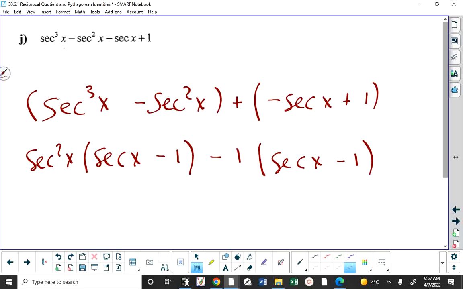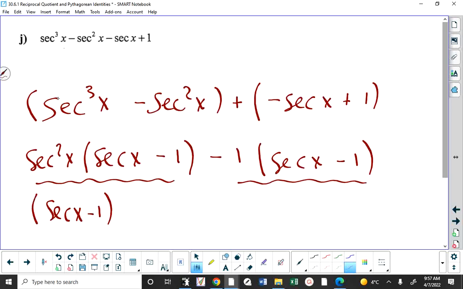So now when I look at this term and this term, there's a common factor of secant of x minus 1. And then we have secant squared of x minus 1. Now you might be tempted to factor this, but I believe that's equal to something in terms of a Pythagorean identity.